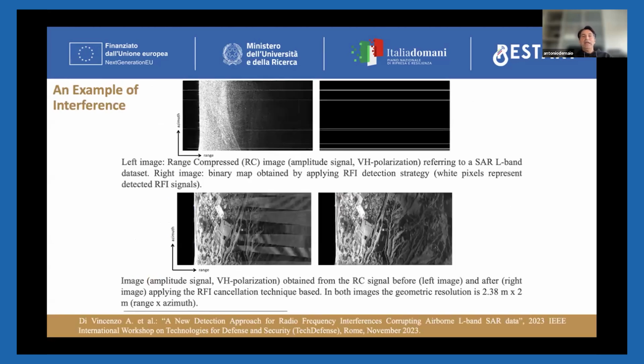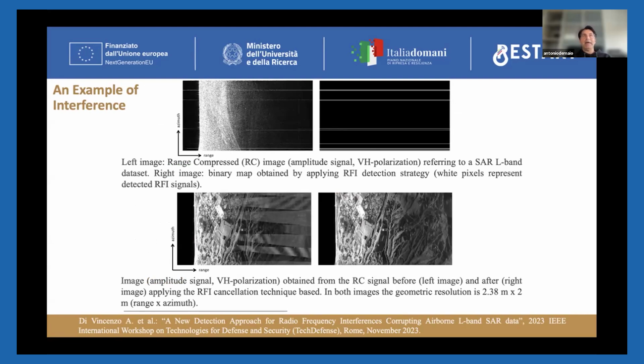If not carefully addressed, the joint presence of multiple emitters on the same frequency interval can determine serious impairments in the final radar product. And here we can see an example with reference to synthetic aperture radar processing.